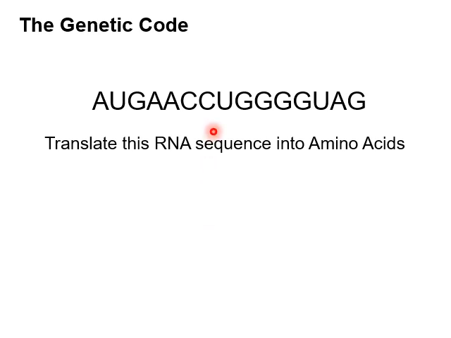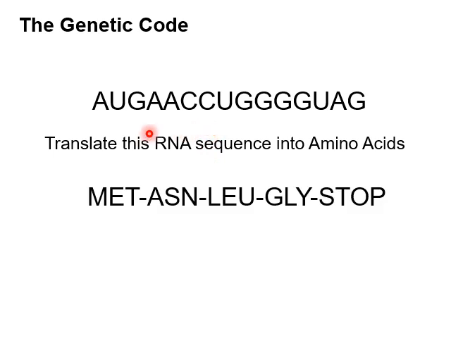Okay, so here's what the letters should actually be. So AUG goes with Met, or methionine. This is a special amino acid in that it is the start amino acid. Every sequence of amino acids is always going to start with methionine, because that is the start codon.